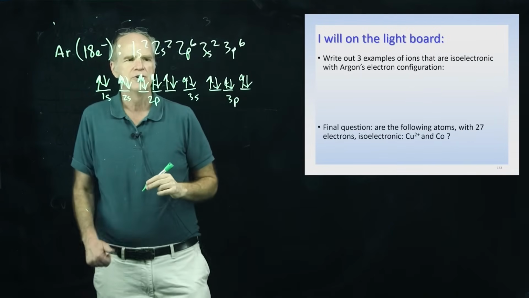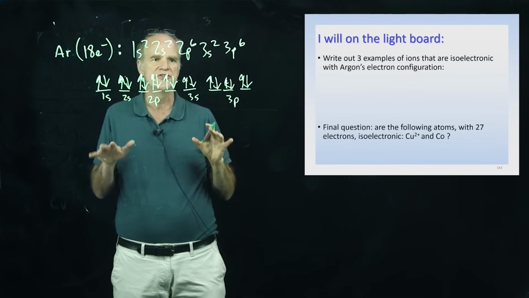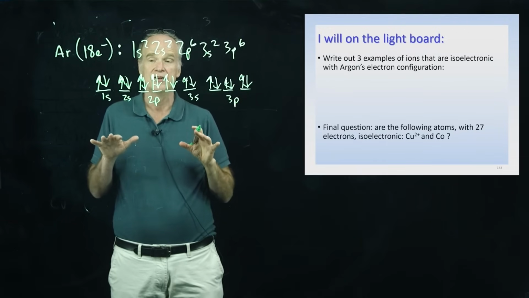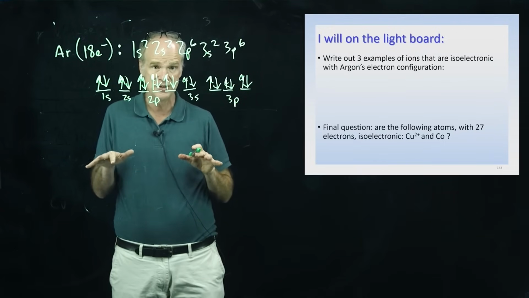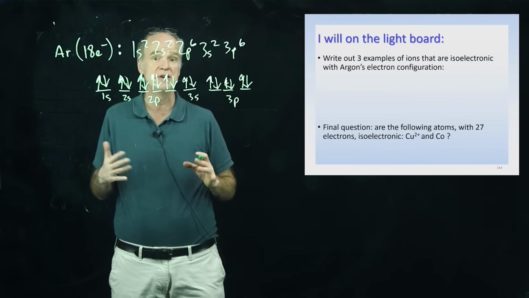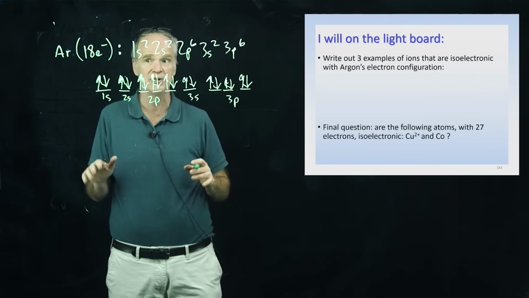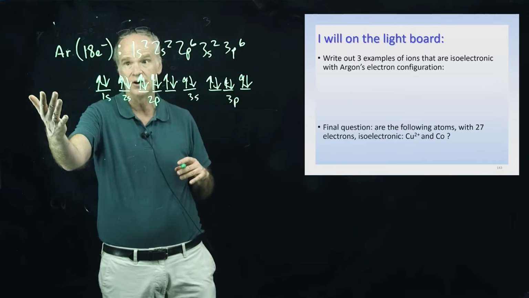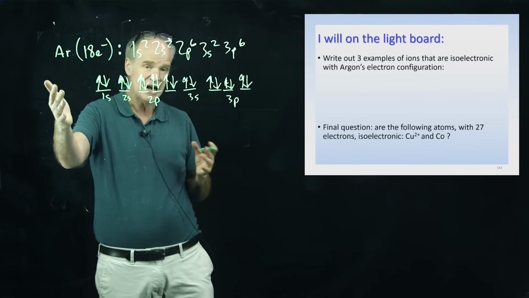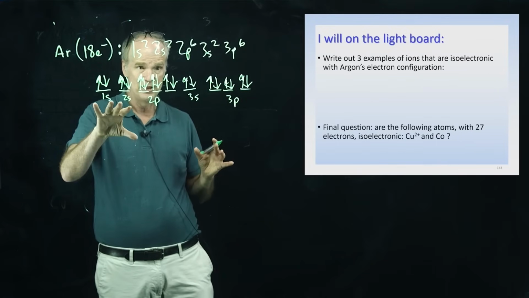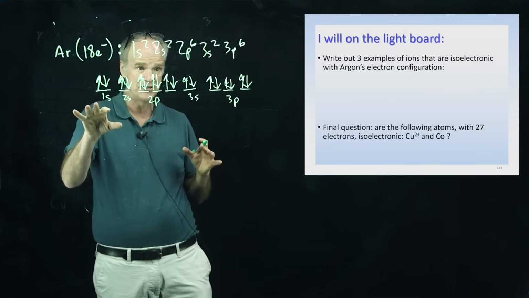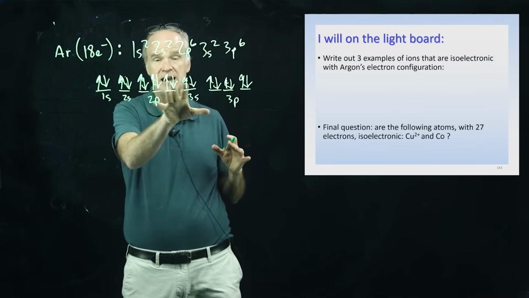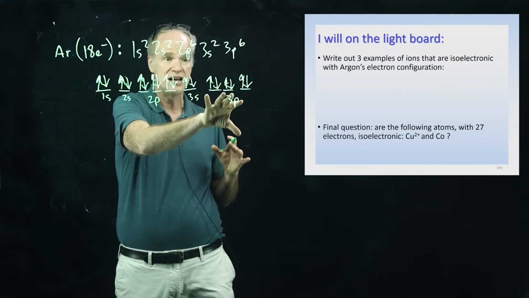So the question is, can we write out some configurations for other elements that may be ionized? Other elements like, say, chlorine, or sulfur, or for example, calcium, that are ionized in such a way that they have the same electron configuration as argon?